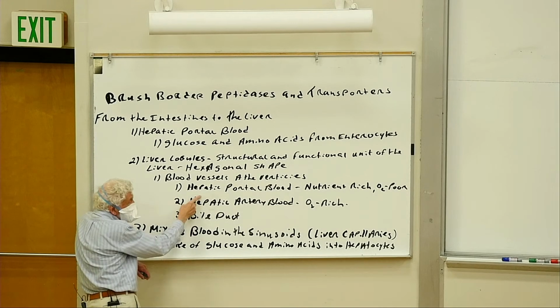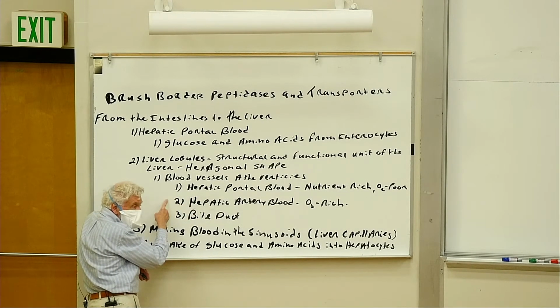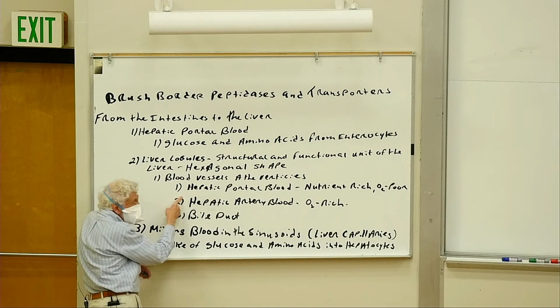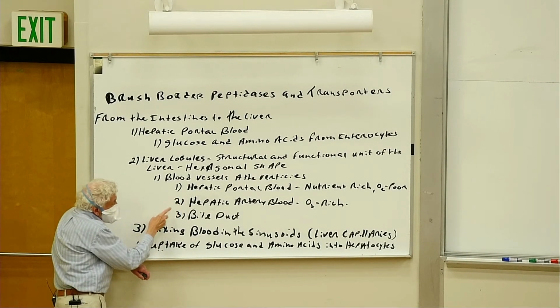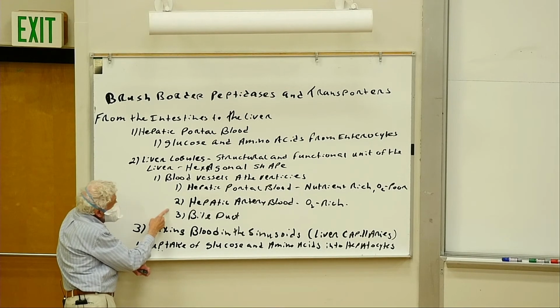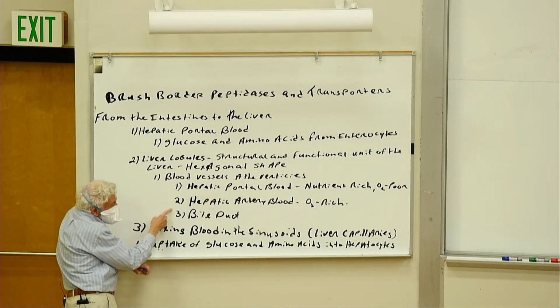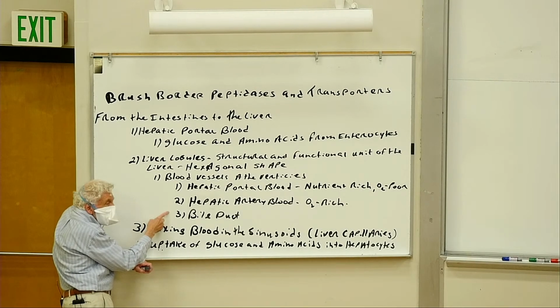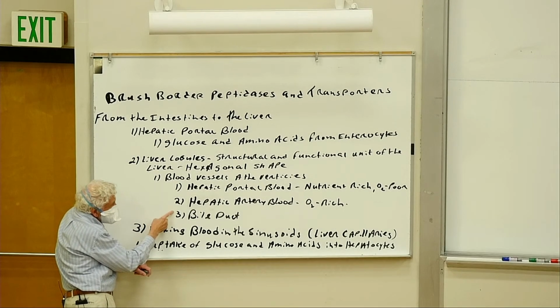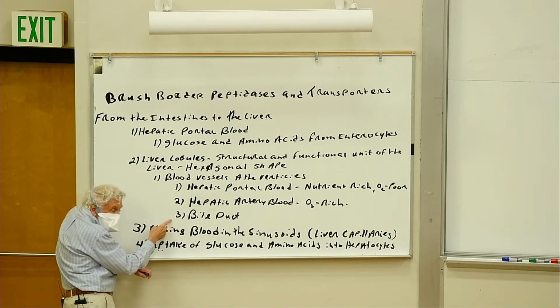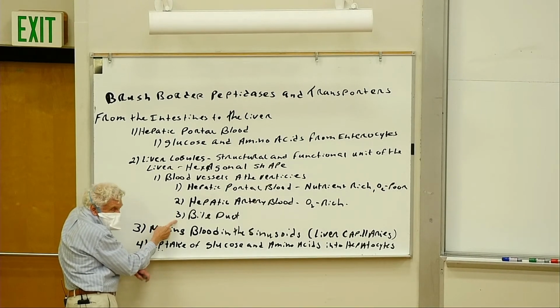This is going to be nutrient-rich and oxygen-poor blood that's come through the intestines. Then there's going to be also a mixture of blood in the liver, a type of blood called the hepatic artery blood, and that's going to come right off of the aorta, so it's oxygen-rich. And then the third tube is going to be the bile duct.